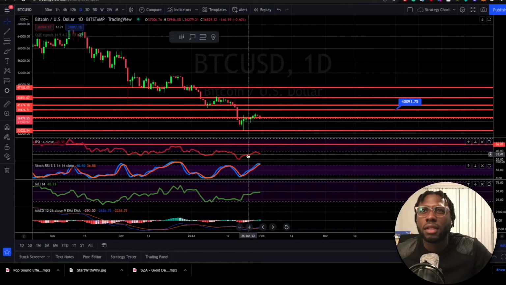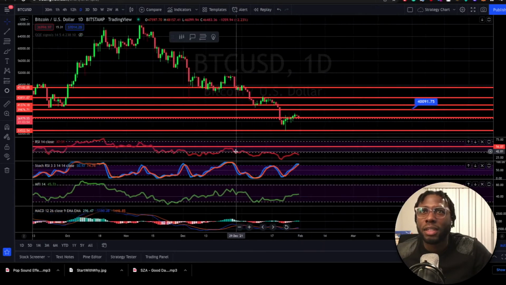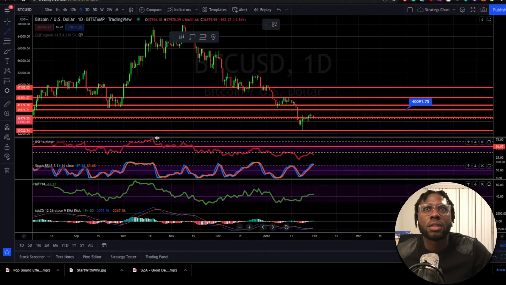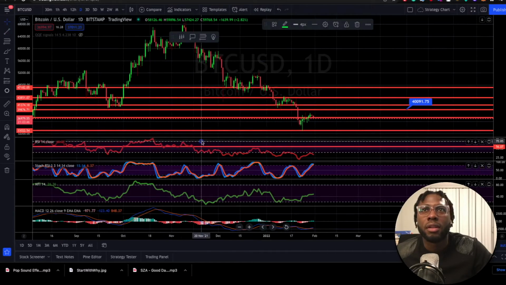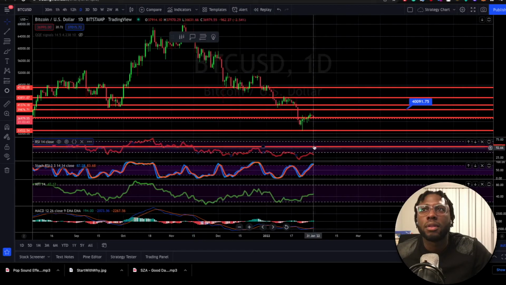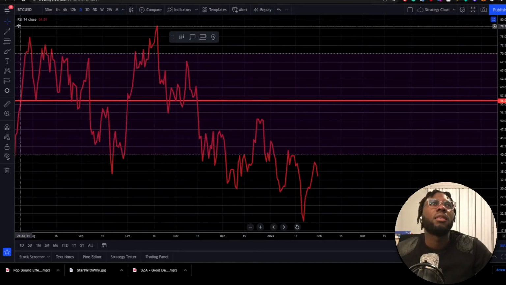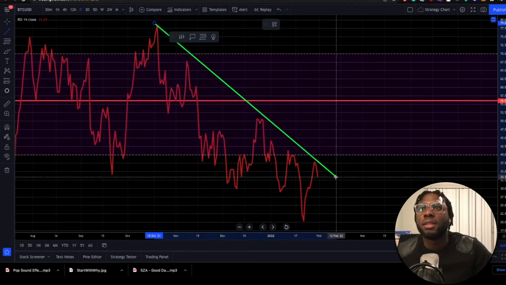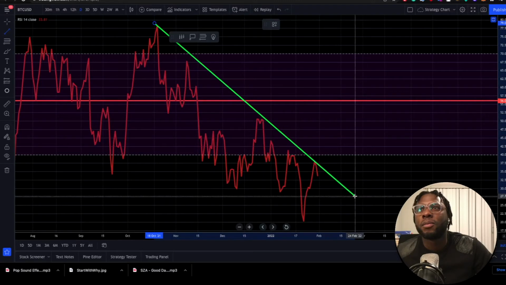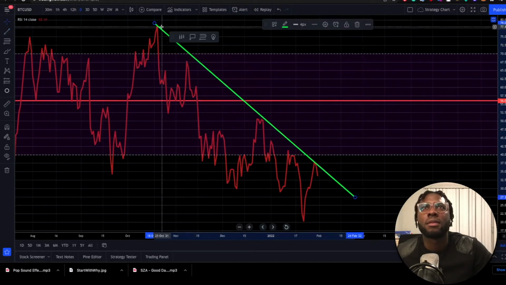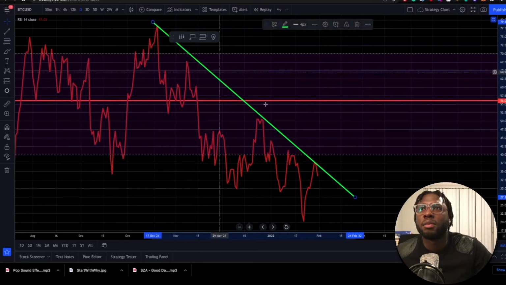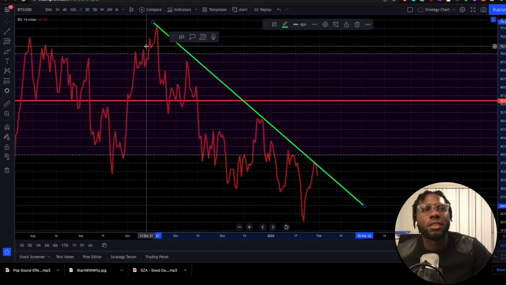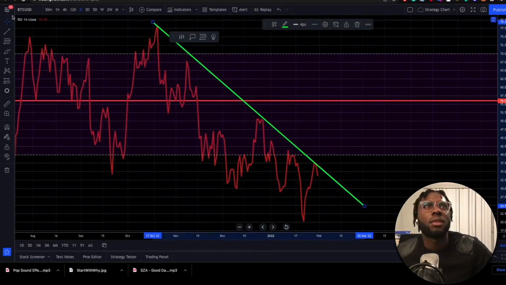I've never seen a daily chart like this, but it looks like we have a particular trend line. I'm going to draw a trend line. I'll make it bigger. It looks like we have a trend line on the RSI. It doesn't have to be the best, but a trend line on the RSI on the daily.